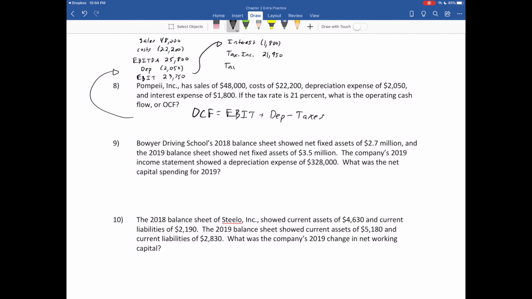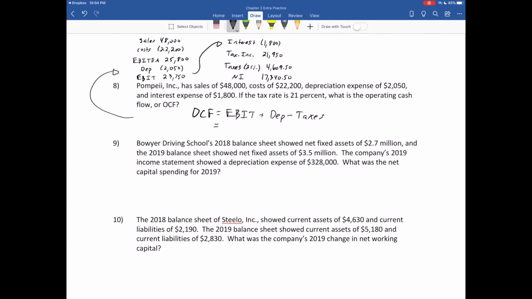We pay taxes at 21%, and we end up getting a tax expense of $4,609.50, and we get down to net income, which is equal to $17,340.50. You actually didn't have to go all the way down to net income, since we did calculate our tax expense, which gives us all the information necessary for operating cash flow.